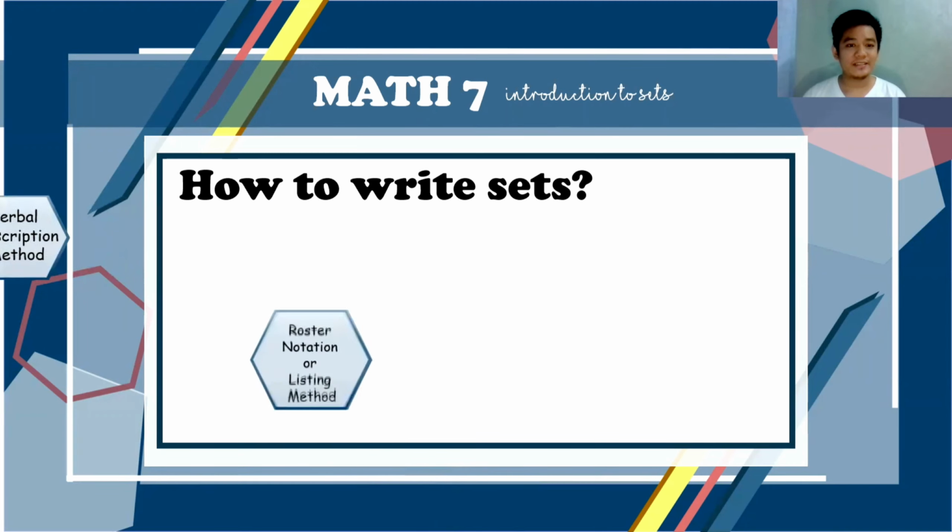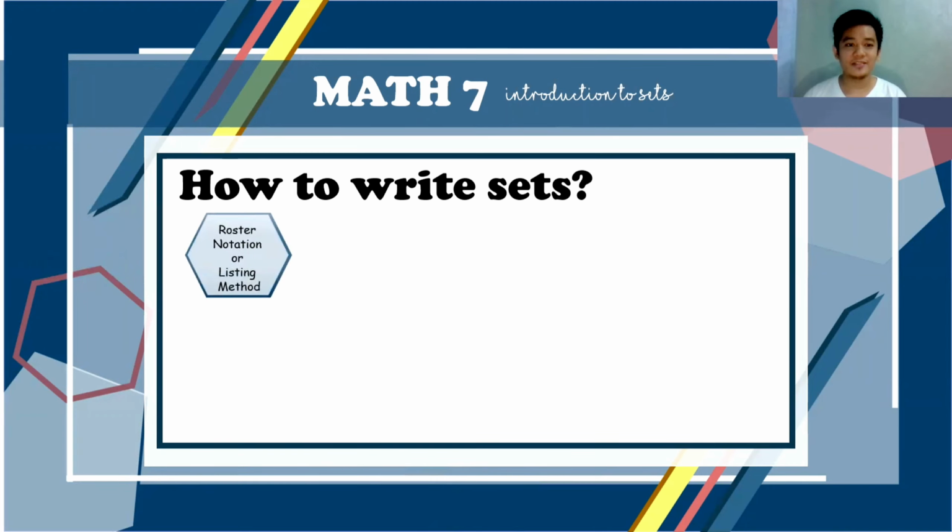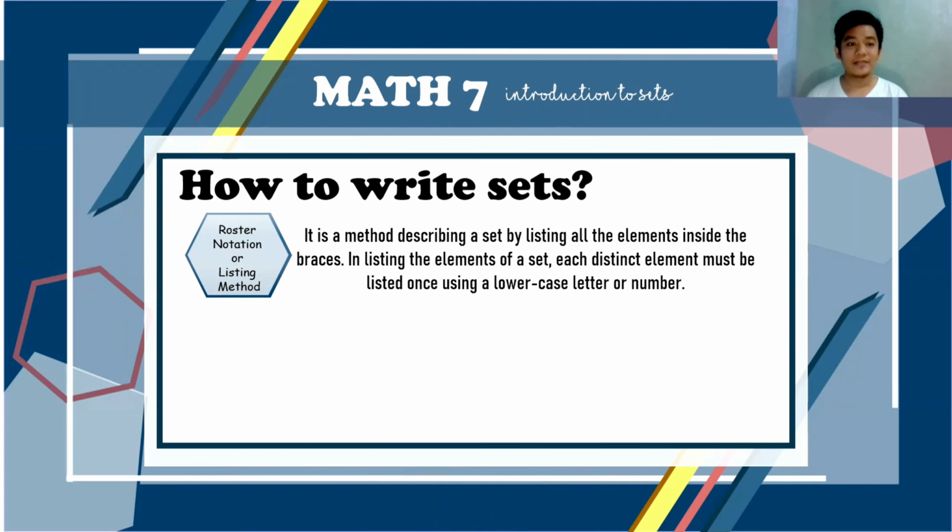Let us now proceed to the second one, which is the roster notation or the listing method. In roster notation or listing method, it is a method describing a set by listing all the elements inside the braces. In listing the elements of a set, each distinct element must be listed once using a lowercase letter or a number.